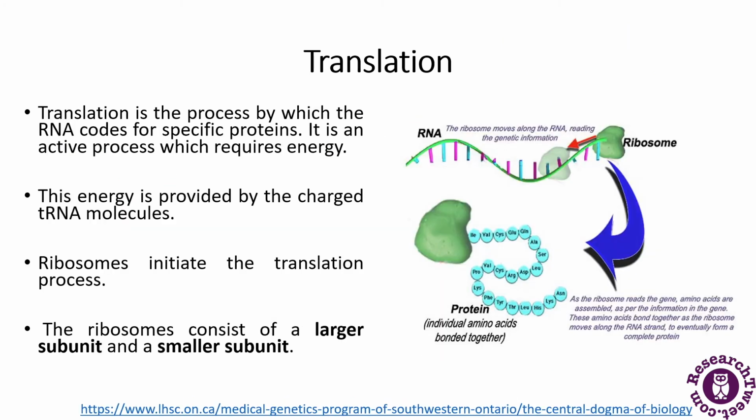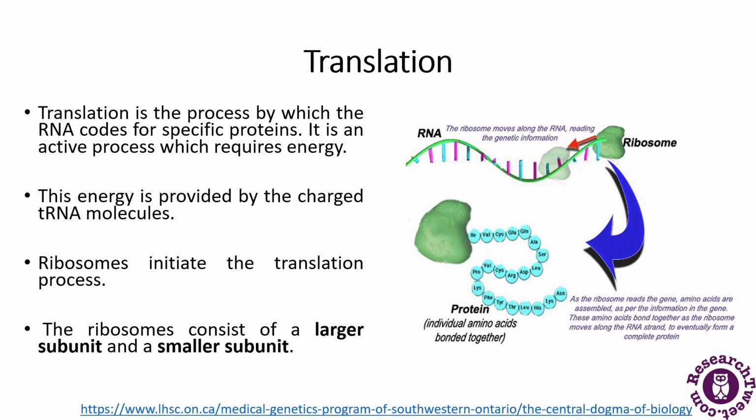The next is the process of translation. What happens when the RNA is converted into proteins? It is the process by which the RNA codes for specific proteins. It is an active process which requires energy. This energy is provided by the charged tRNA molecules.